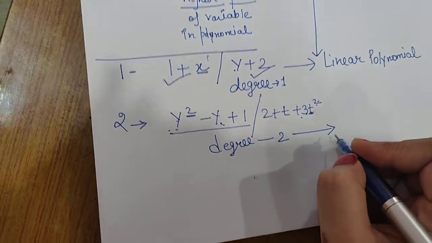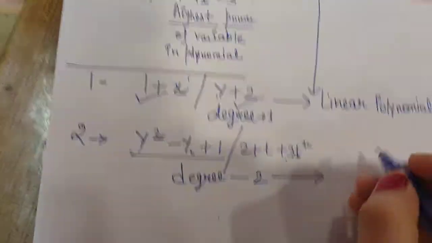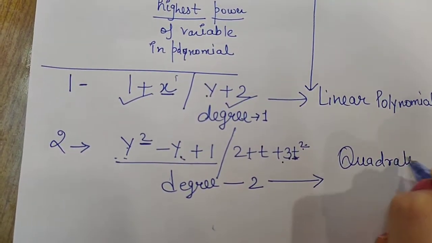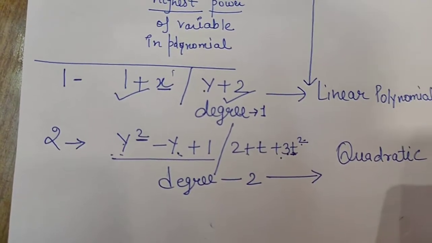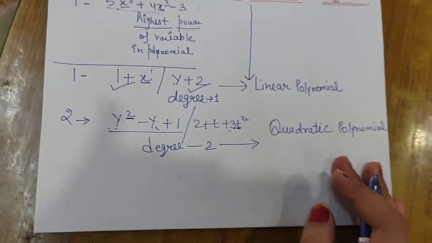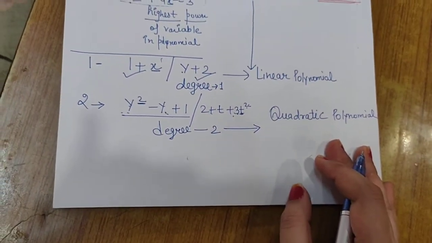That's why the type of this polynomial, the name, will be quadratic polynomial. Clear? You have to learn these names because these are very important for further chapters in class 10th also.